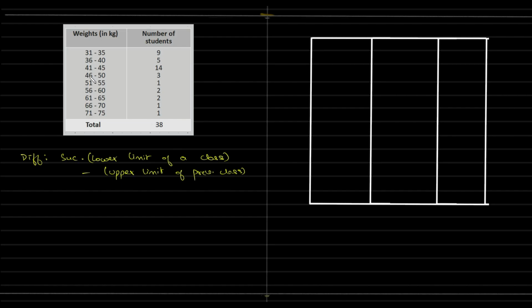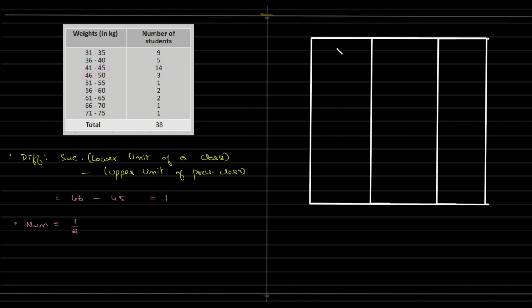So I'll take say 45 and 46, right? So this is the preceding upper limit and the succeeding lower limit. So 46 minus 45 is 1, and then we have to divide this. So the number will be half.